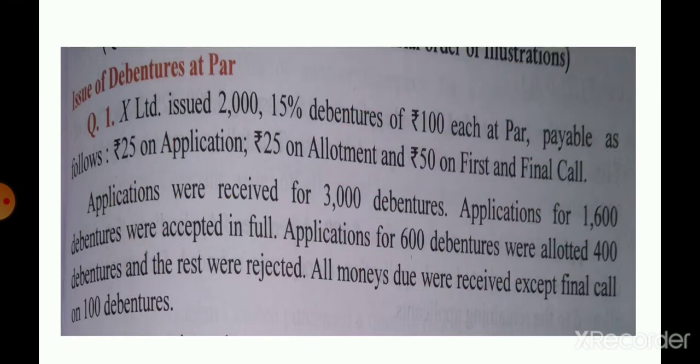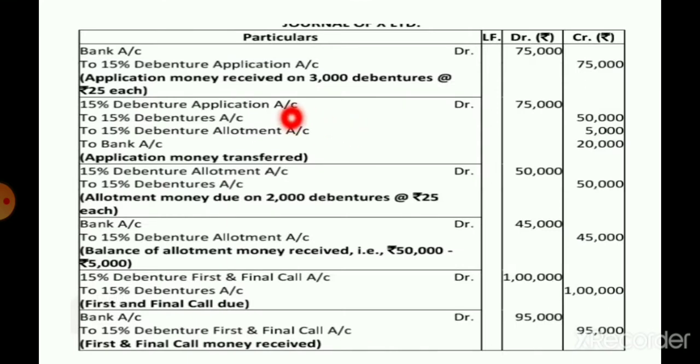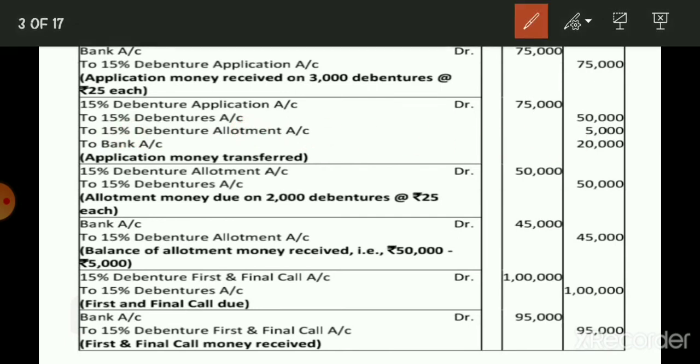Now we will see the journal entries. Bank account debit 75,000, as we received money on 3000 debentures. But in the next entry we will only transfer that money which is applicable on application to 15% debenture application, that is 50,000. How is it calculated? 2000 multiplied by 25, 50,000.